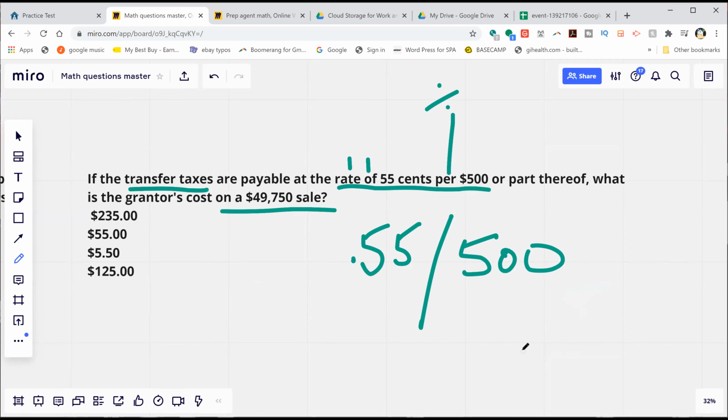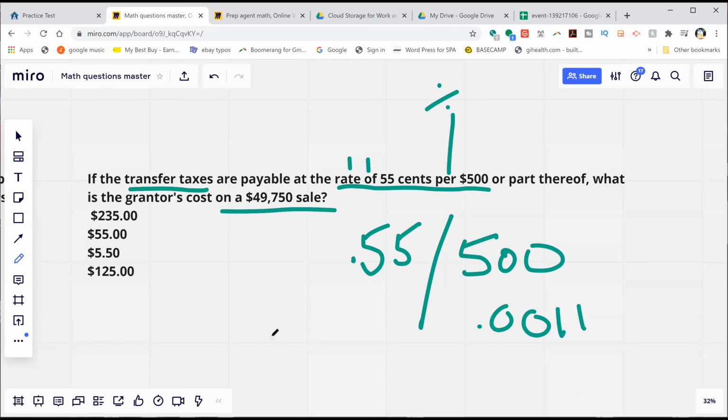So per, I use the division symbol. So 0.55 divided by 500. Tell me what that answer would be as we're going along. 0.0011 sounds just about right.